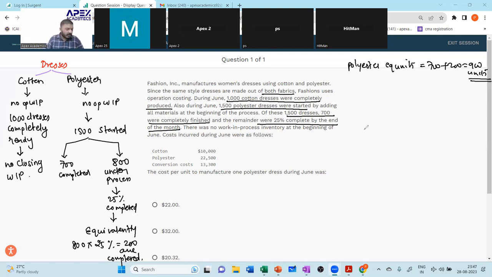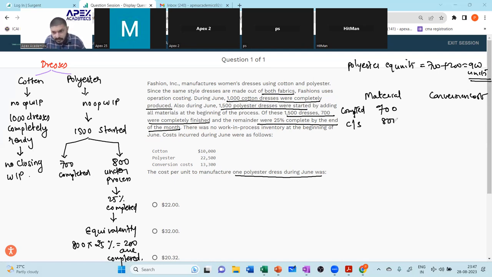Okay, now we are to calculate the cost per unit to manufacture one polyester dress. Polyester will have material cost and conversion cost. Now, in the material cost, what are the completed units? 700. And what is the closing stock of polyester? 800 units.